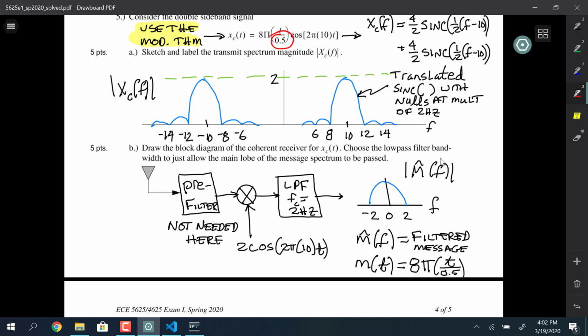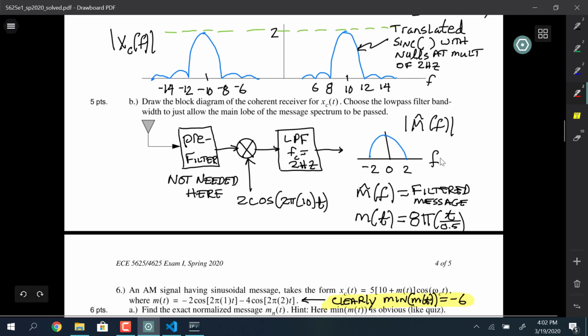But the next step is to multiply by a coherent carrier that's right at 10 hertz. And then that gets you a difference frequency down at 0 hertz. Then I said to set the bandwidth so that it would process the main lobe, which means you need to have the cutoff at 2 hertz.